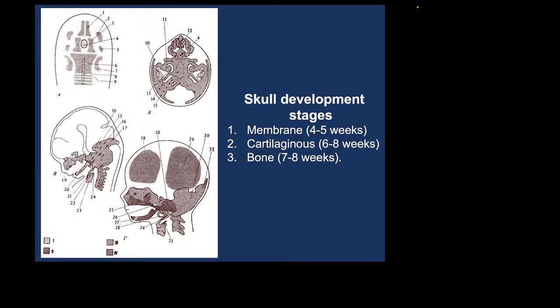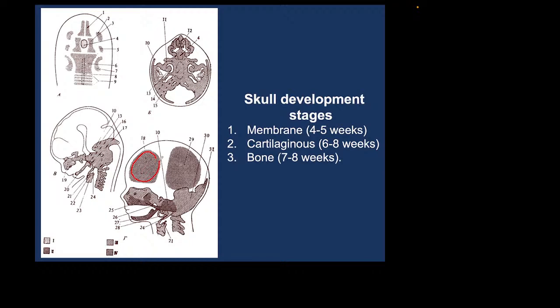I hope you remember that calcification refers to the deposition of calcium salts within a tissue. We distinguish two major forms of ossification: intramembranous ossification, and here you see intramembranous ossification, when bones develop from mesenchyme or fibrous connective tissue.